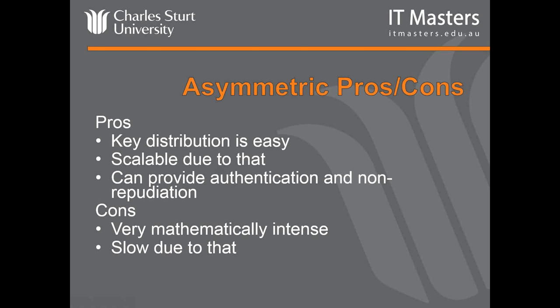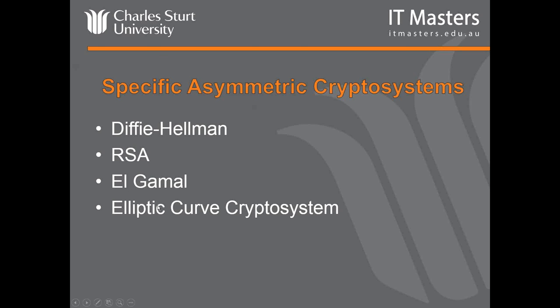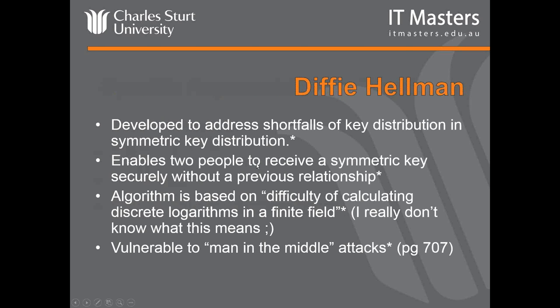It's mathematically intense and therefore slow. We have different examples: Diffie-Hellman, RSA, ElGamal, and elliptic curve. Elliptic curve is quite good in that it doesn't require a lot of power, so we can use it on low power systems. With Diffie-Hellman, we're talking about systems where we can share things based on public-private keys.